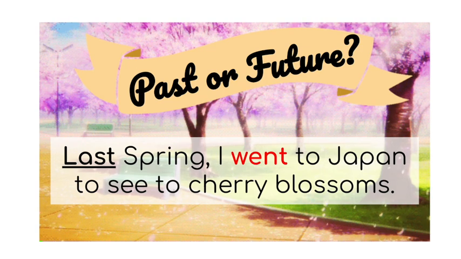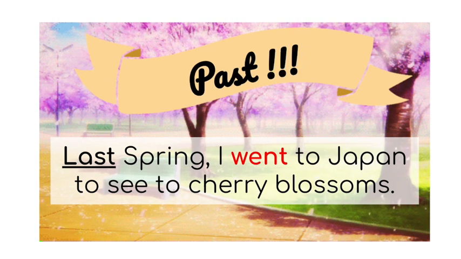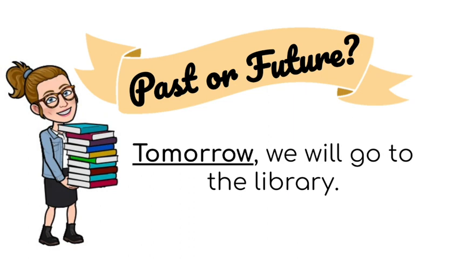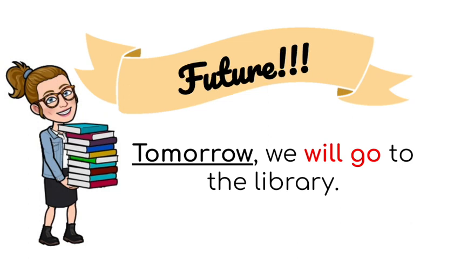Now we know that this sentence is talking about the past. Let's look at another one. Tomorrow we will go to the library. The time word here we need to look at is tomorrow. The verb is will go. So we know that this is talking about the future.